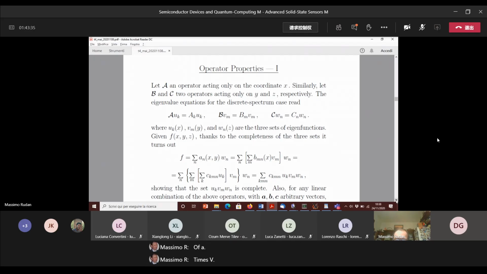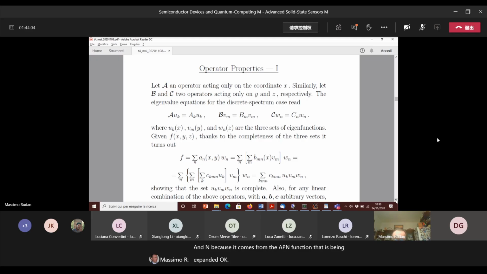So of course they inherit the dependence on x, but also they inherit the dependence on n. So the coefficients will have two indices, b_mn, because we are summing over m, and n because it comes from the a_n function that is being expanded. Okay.